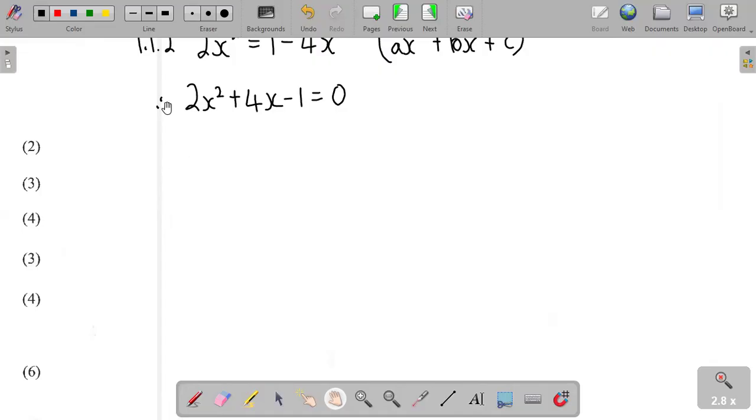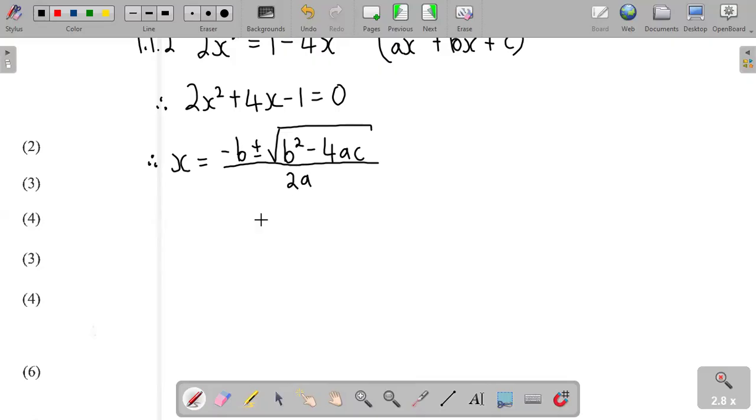If we can't find factors, we use the quadratic formula. So x equals negative b plus or minus the square root of b squared minus 4ac, and then divided by 2a.